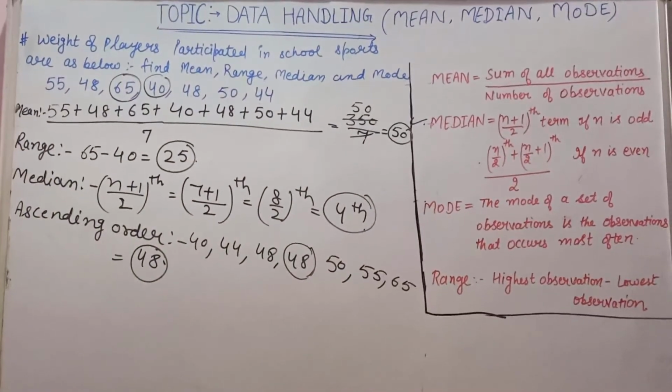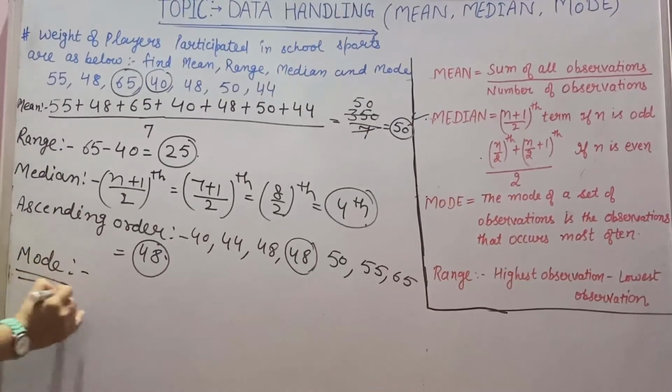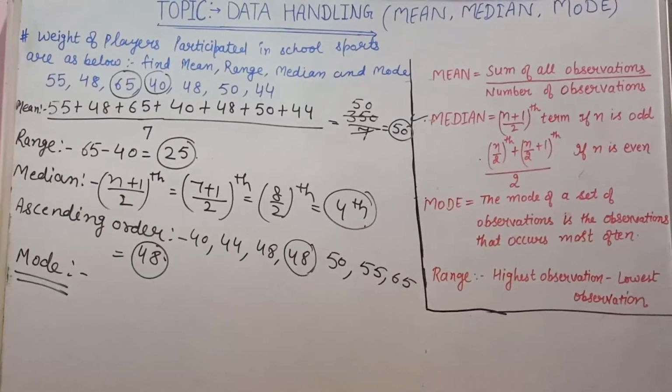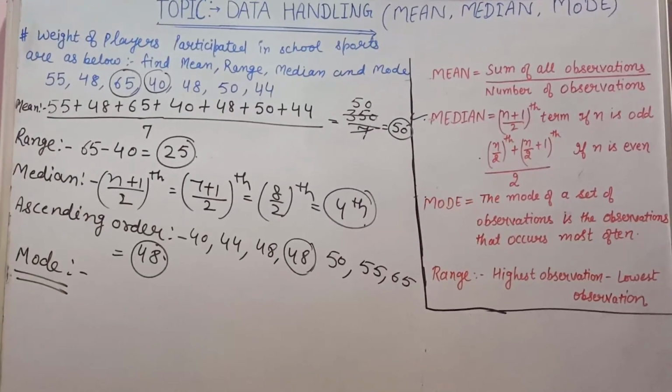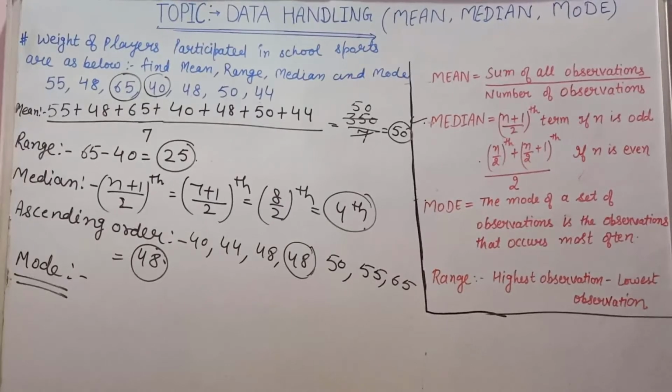Last one is the mode. Now what is the mode? The mode of a set of observations is the observation that occurs most often. First we arrange the numbers having the same value together.